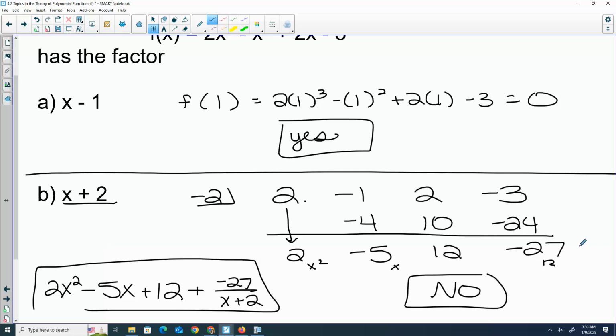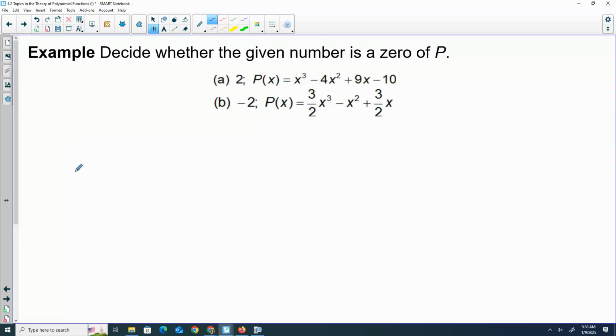Last problem of the day. So I just want to do the same thing, but this time I want to know, is the number a 0? So how would I decide if 2 was a 0 of the polynomial?